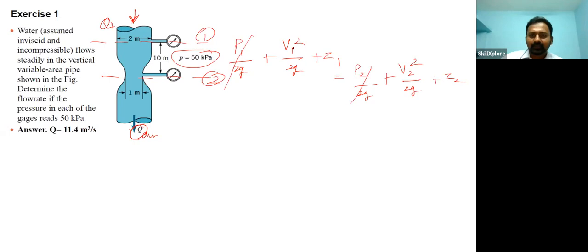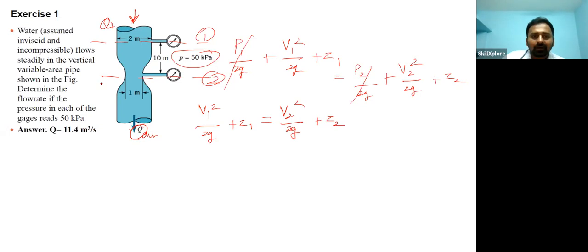And the next thing is velocity. Definitely the velocity is not the same at entry and exit. Therefore, use V1 square divided by 2g plus Z1 equal to V2 square divided by 2g plus Z2. We all know the difference between the 2 points, section 2 and section 1, the distance between the 2 points is 10.